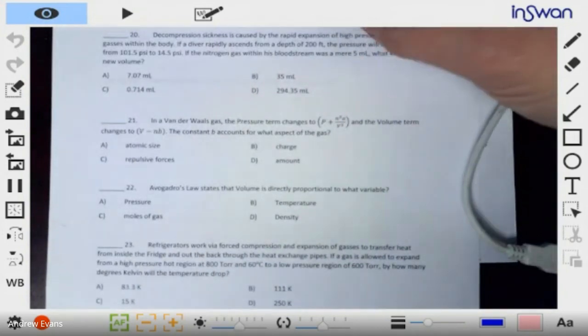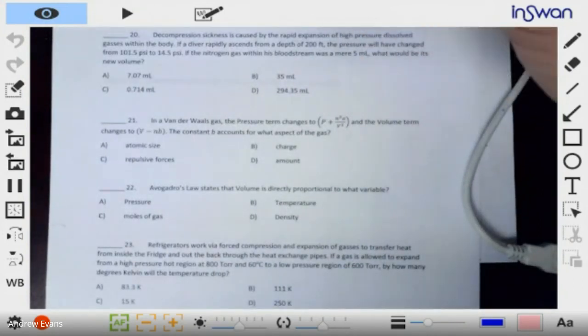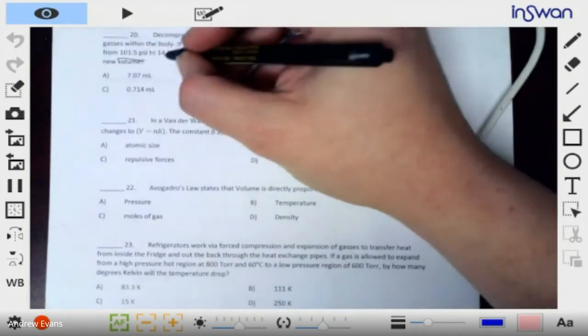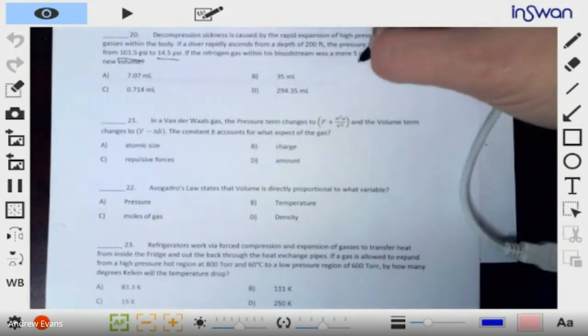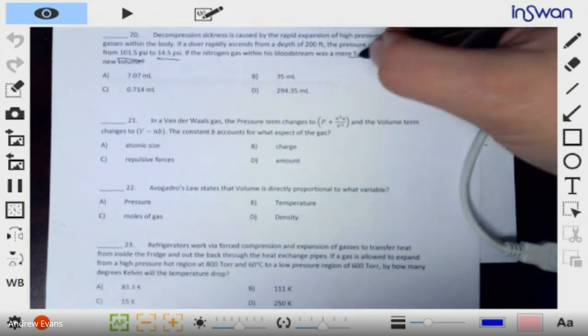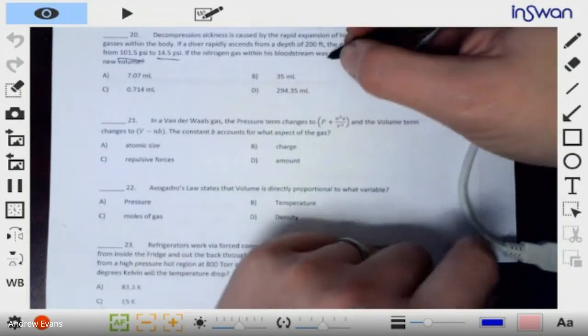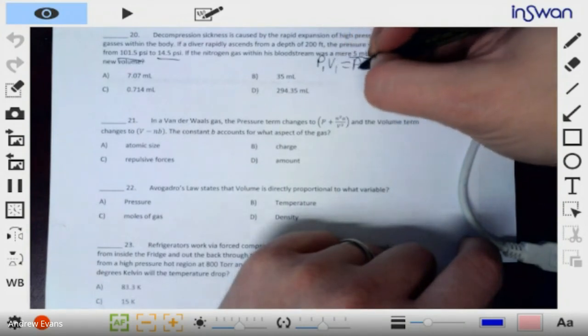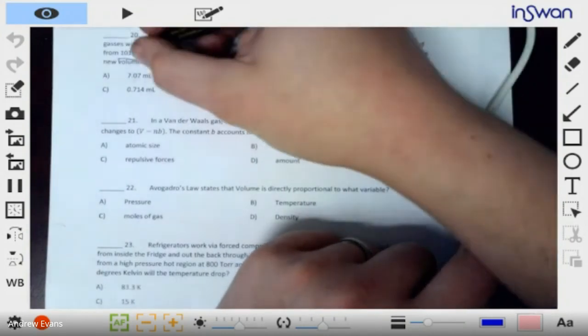Decompression sickness is caused by the rapid expansion of high-pressure dissolved gases within the body. If a diver rapidly ascends from a depth of 200 feet, the pressure has changed from 105 psi to 14.5 psi. If nitrogen in the bloodstream was 5 mL, what would be the new volume? So I know this one is P1 V1 equals P2 V2. The big hint is the fact I have two pressures.